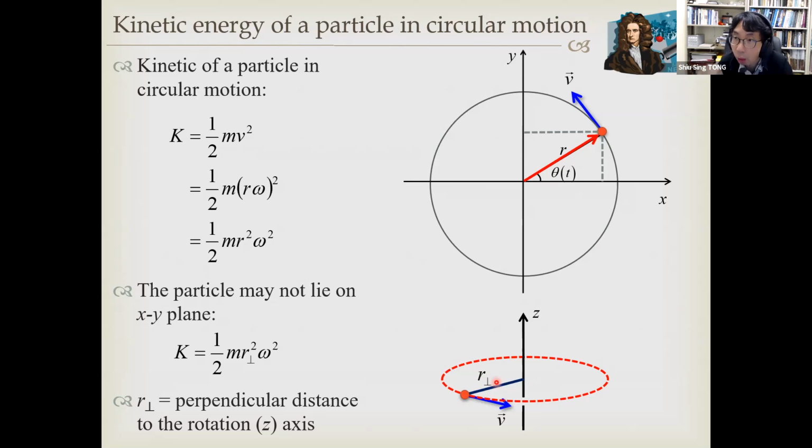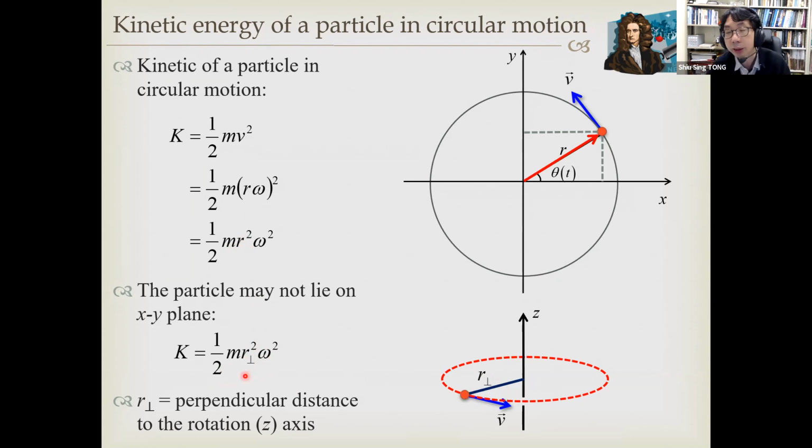The subscript perp here means the perpendicular distance. It's not the distance up or distance down, but a vector that joins the particle and the axis at right angle. So in that case, I rewrite the kinetic energy as half m r_perp squared omega squared.